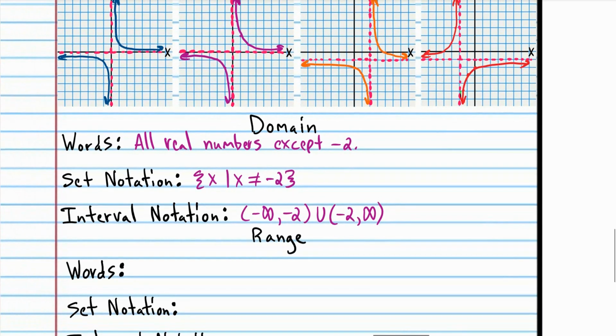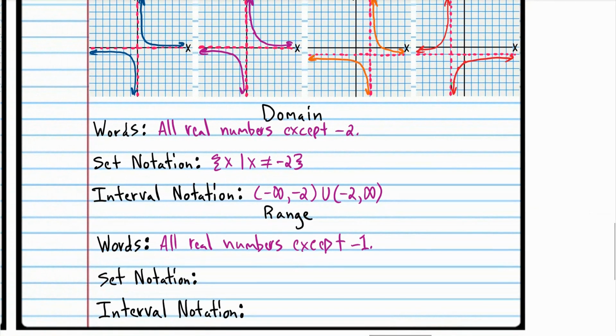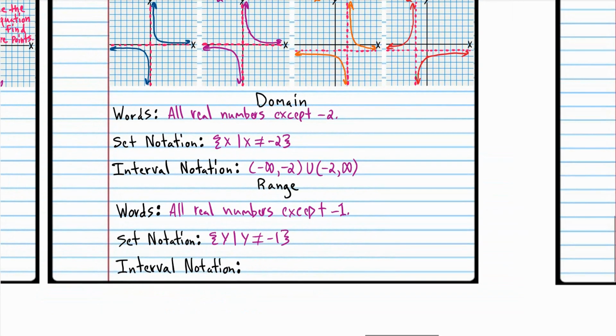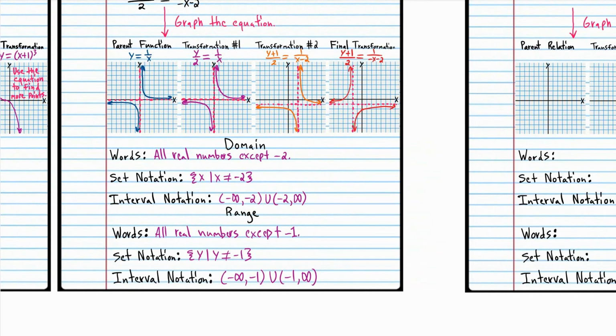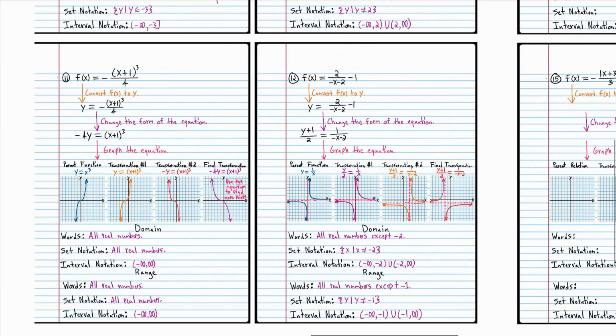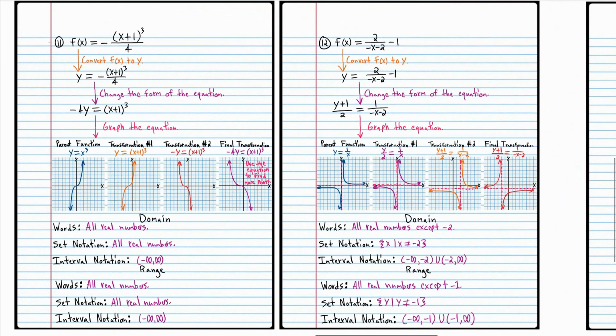So we say all real numbers, the set of all y values such that y is not equal to -1. In interval notation, we write negative infinity, comma, -1, union, -1, comma, infinity. So if you got that one right, good.